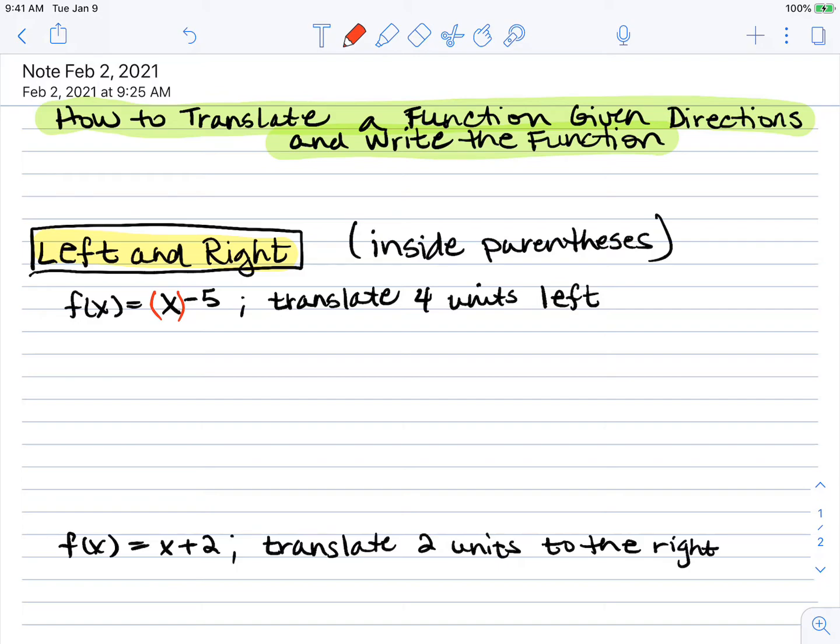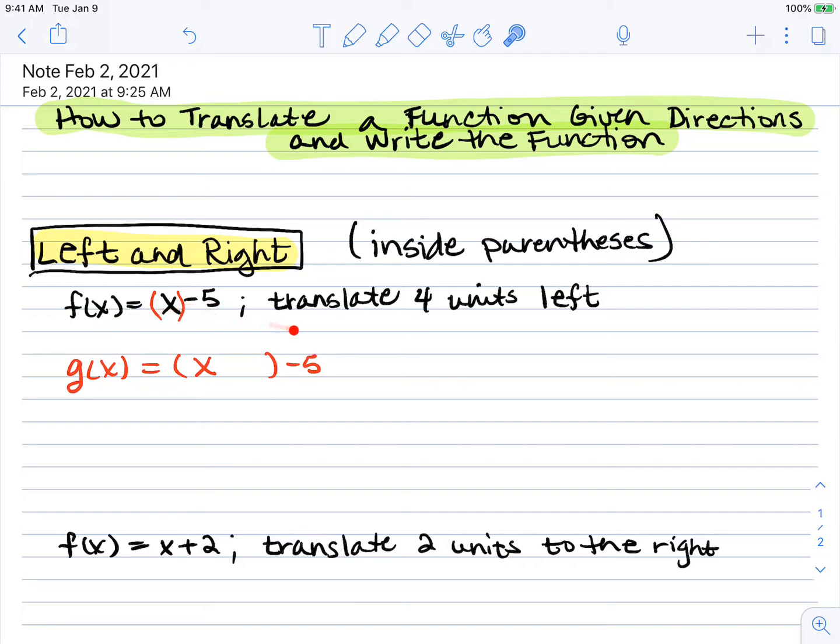So we're asked to take this function that's given right here, and we're talking about making that translate 4 units left. Okay, so I'm going to rewrite this and say, well, I've got this new function, g of x, and I'm going to have some sort of a translation, 4 units left, but it still had this -5 there in the given f of x equation.